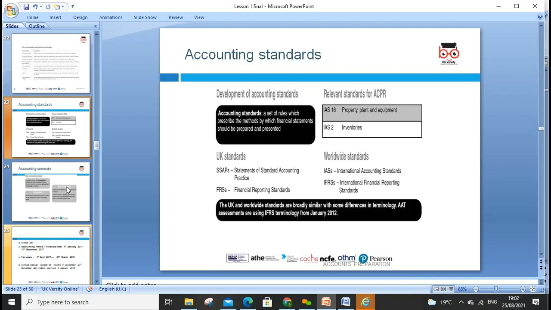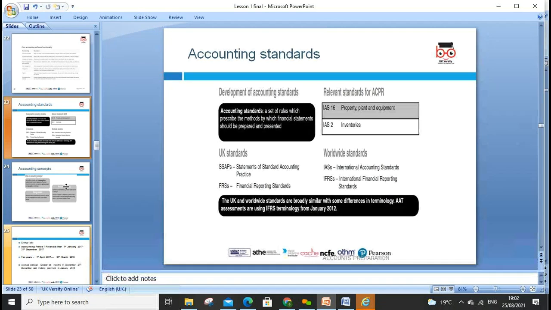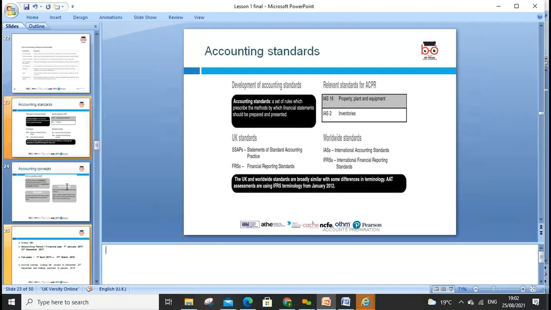We have accounting standards that give the different rules for recording business transactions. In the UK, the standard is called the Statement of Standard Accounting Practice. The international standard is set by the International Accounting Standards Board, and that applies throughout the world. For example, revenue means the value of the sale.